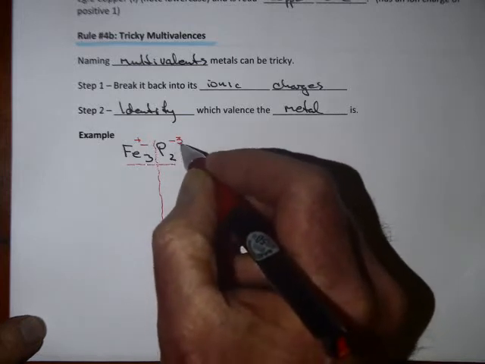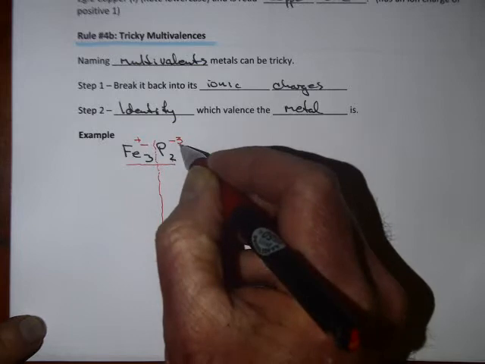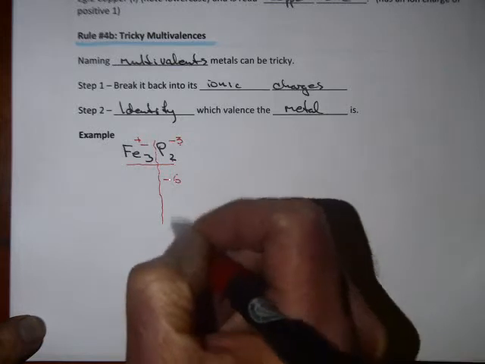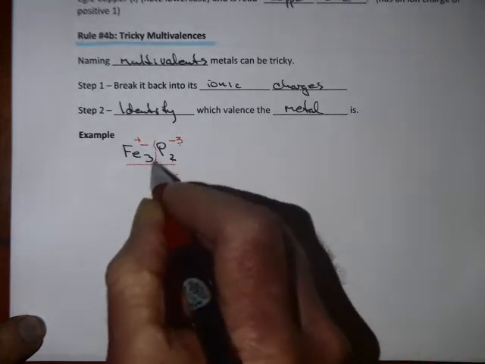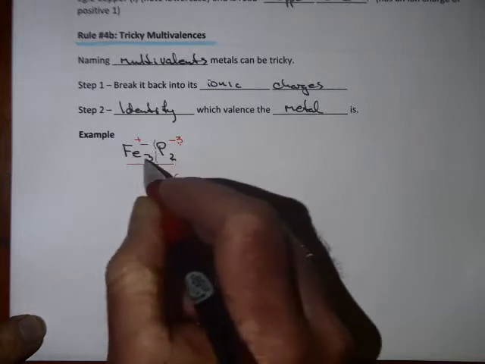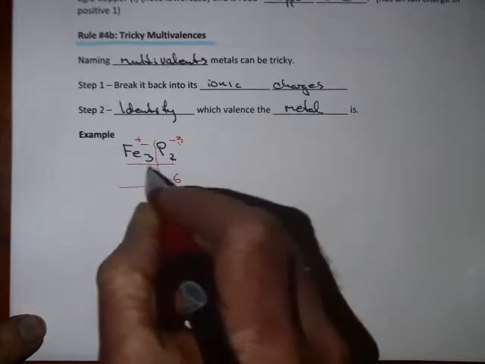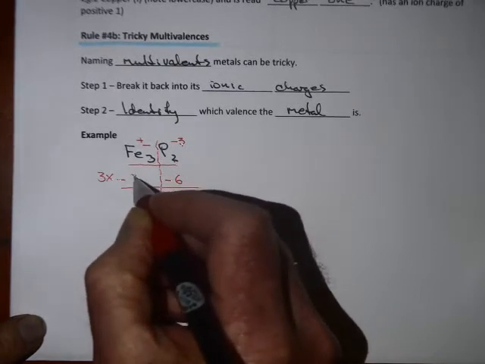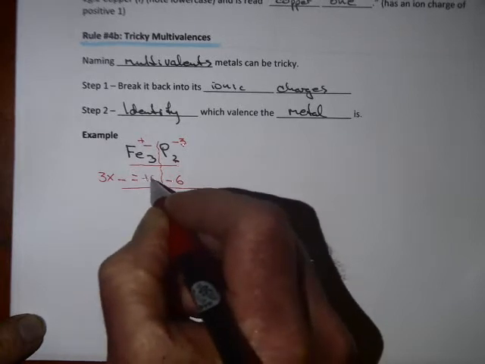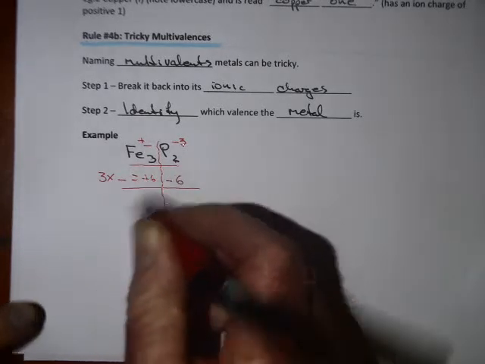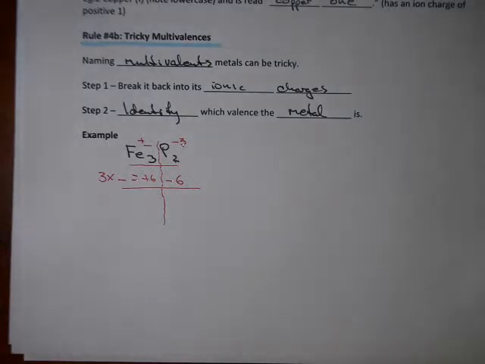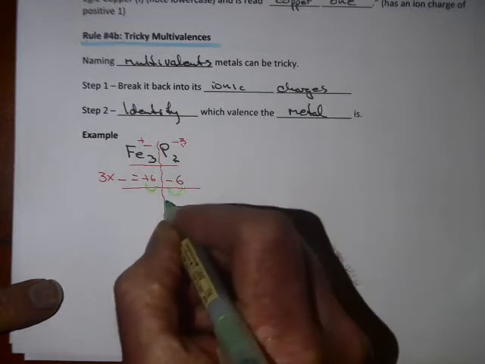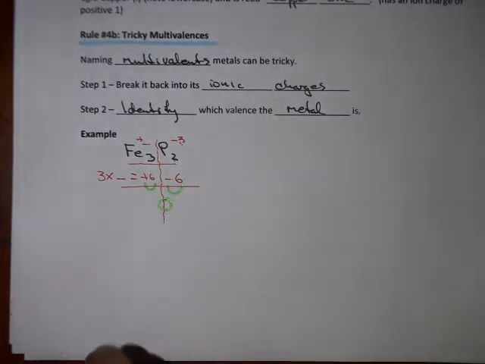If this is -3, and I've got 2 of them, 2 times -3 gives me a total charge of -6. Now, because this is neutral, no charge, that means that 3 times some number has to equal +6, so that when I add this to this, the total charge is 0.